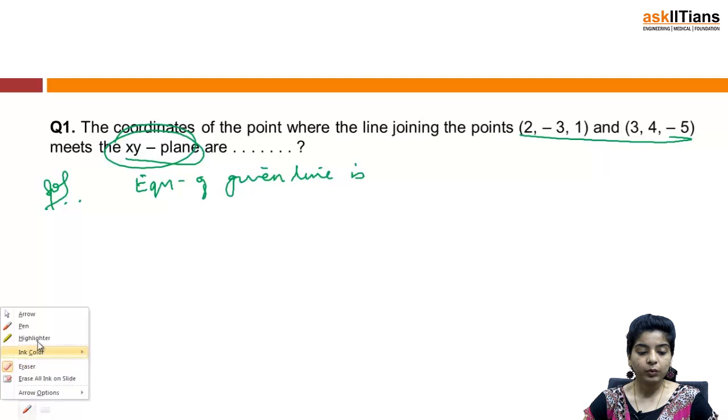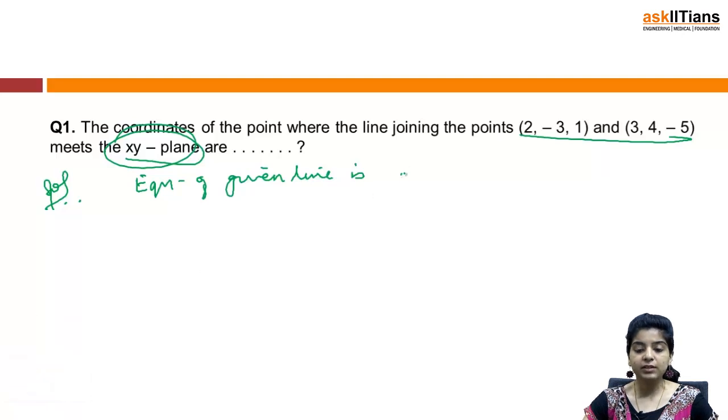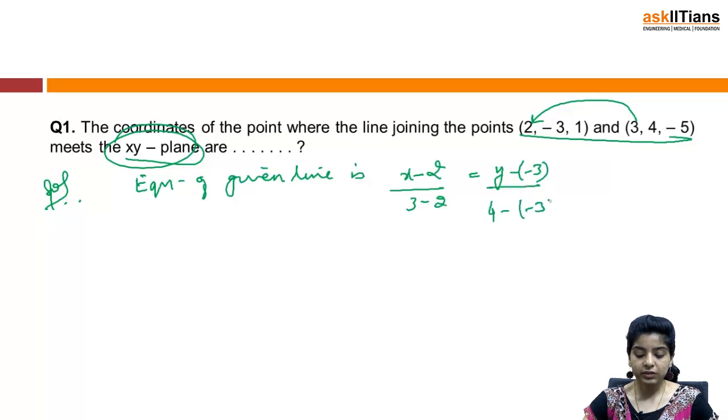So the equation of the given line is (x minus 2) by (3 minus 2) equal to (y minus minus 3) by (4 minus minus 3) equal to (z minus 1) by (minus 5 minus 1).